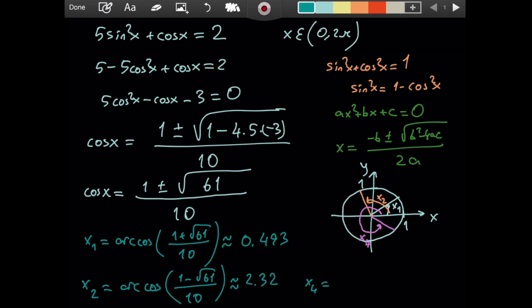x4 is going to be... So how could you achieve this? Well, if you look carefully enough, you will see that it is 2 pi minus x1. Because 2 pi would complete the whole revolution, but we are missing this much radians, and that much is x1. So we're going to just subtract x1, which is this value. Notice I'm not using the approximate because I don't need to.